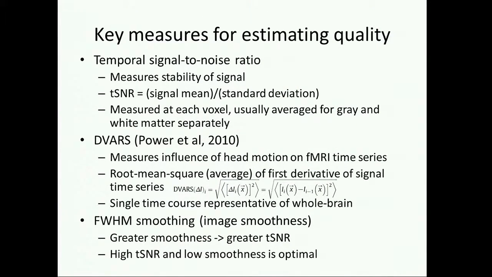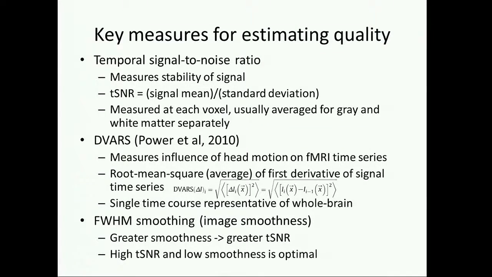Okay, so fMRI data sets are big, they're complicated, they can have lots of artifacts, but when push comes to shove, there are basically 3 metrics, 3 numbers, that you should be mindful of. One is called temporal signal-to-noise ratio, TSNR. It's a measure of the stability of the signal in a voxel. TSNR is computed as the signal mean divided by the standard deviation, that is, the mean signal divided by how much it varies.